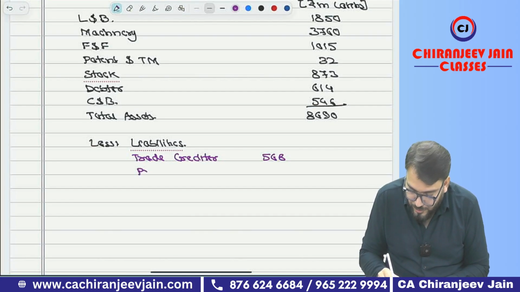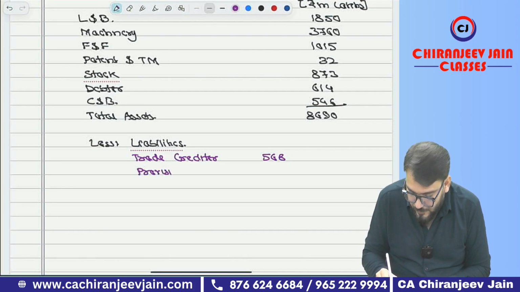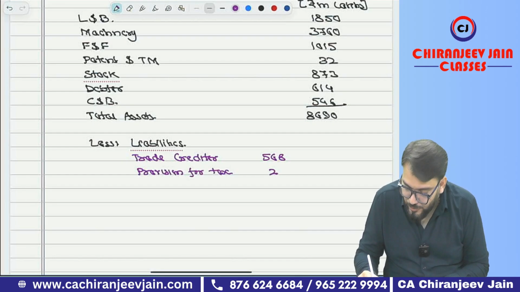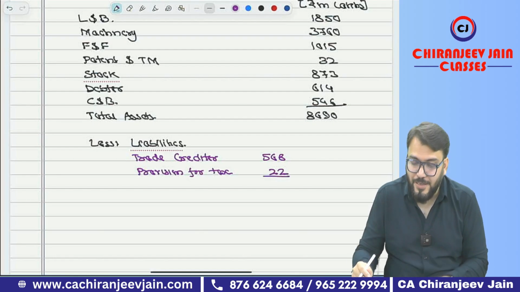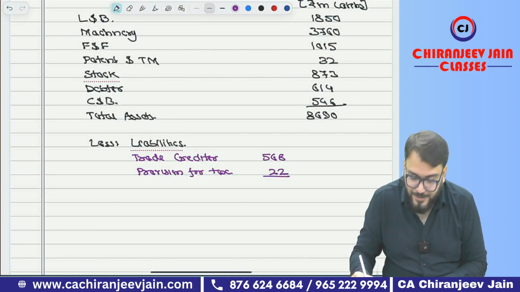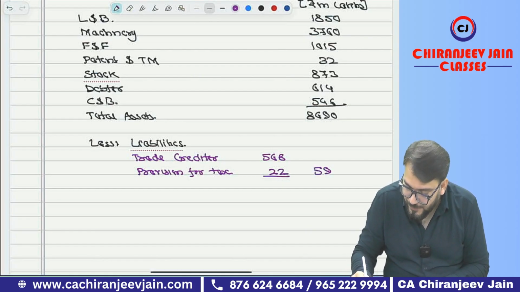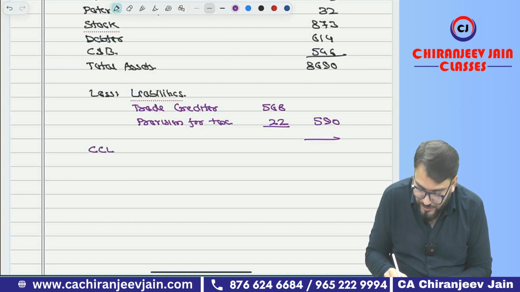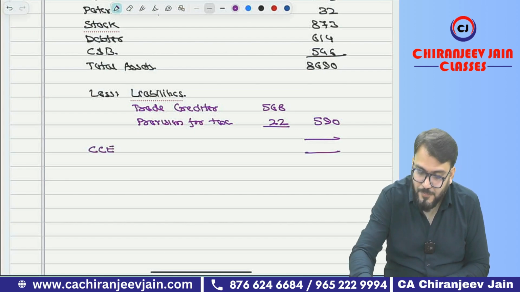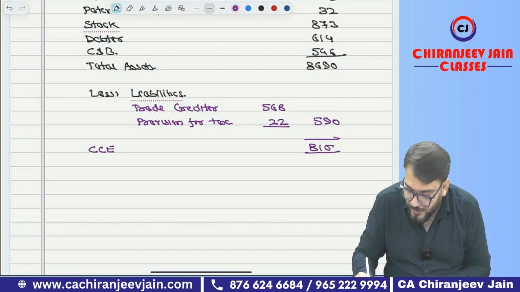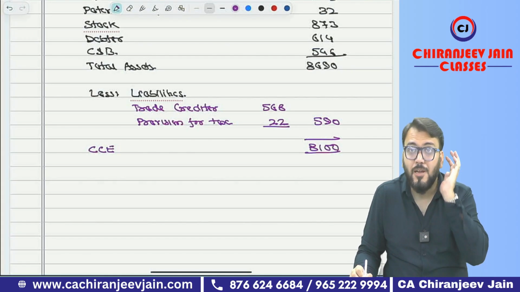And one we have provision for tax, 22. Proposed dividend will not come. It is 568 plus 22 is equal to 590. So minus 590. So this will become closing capital employed, we'll call it CC, closing capital employed. That is 8,100.